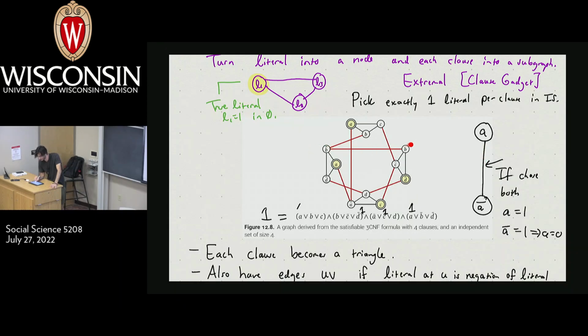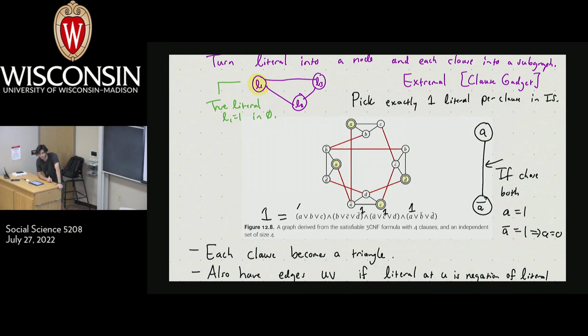So B bar connects to B. Wait, so those two A's have different values? No, the nodes are different because they're corresponding to different clauses, but the variable inside could be the same. So when you set A to be 1, you're setting both of those A's to be 1. But remember, they're in different clauses. They appear in different places.